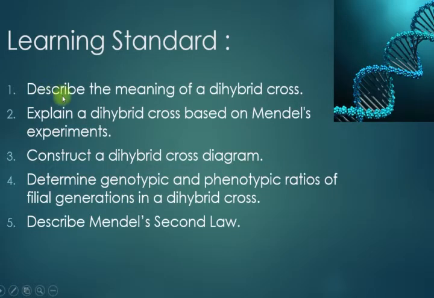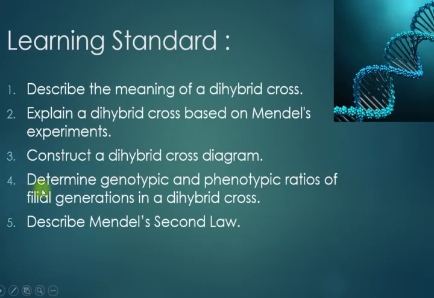Number one, describe the meaning of the dihybrid cross. Number two, explain a dihybrid cross based on Mendel's experiment. Number three, construct a dihybrid cross diagram. You have to learn how to construct a dihybrid cross diagram.